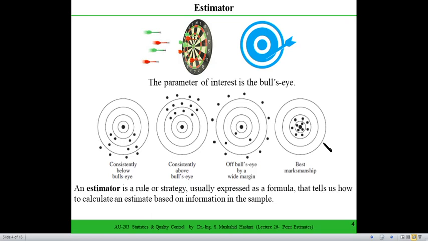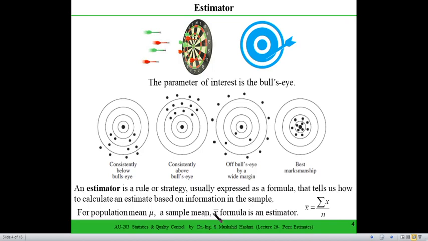So estimator is one thing, estimate is another thing. The values you get from your samples are your estimates. For example, a population mean is a parameter, and a sample mean is a statistic, which you get from the information in a sample.